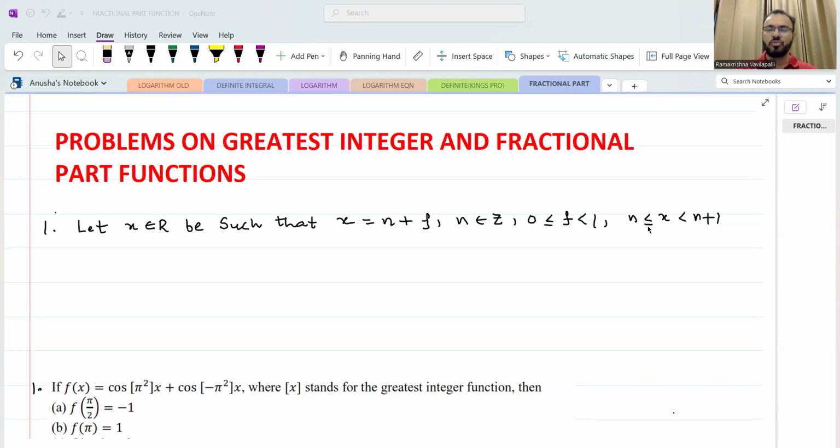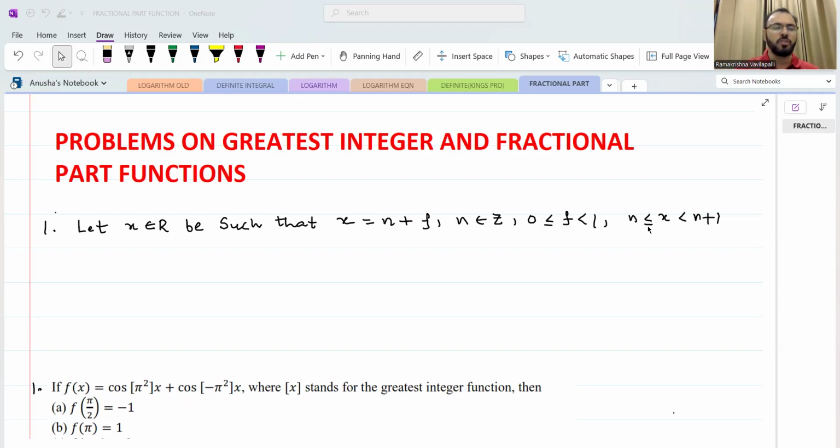In class 2, I have explained a few properties, not all properties, a few properties which are required for JEE Main and JEE Advanced. And I have explained what is fractional part function. Now in this class, you will learn how to solve questions involving greatest integer function and fractional part function.